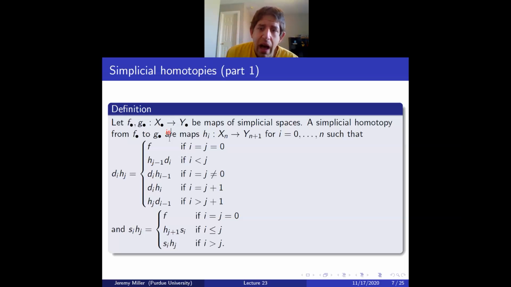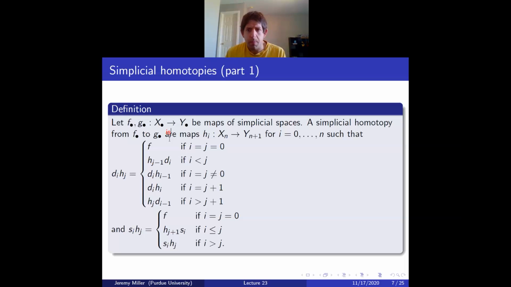So you have i different maps from the nth space of X to the (n plus first) space of Y. Maybe I should have called it p, my usual simplicial letter, but whatever. You have n plus 1 maps, for i from 0 to n, and they satisfy some list of axioms.